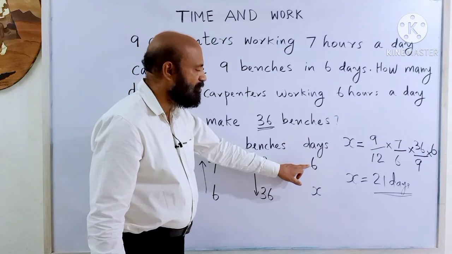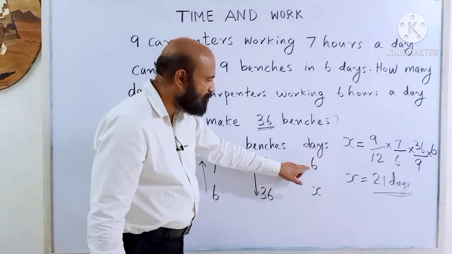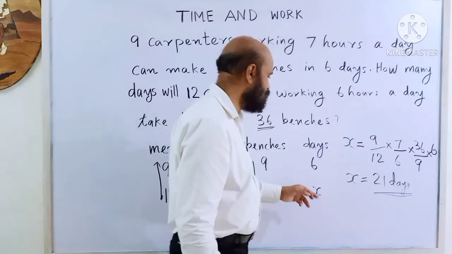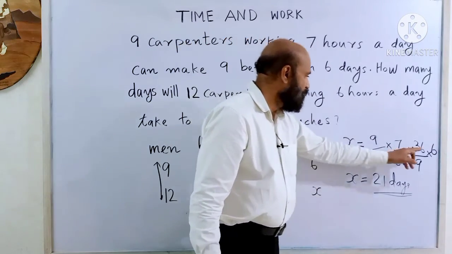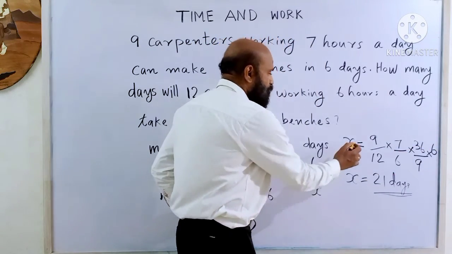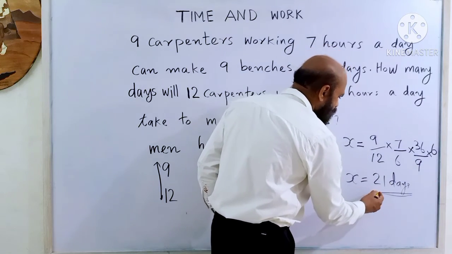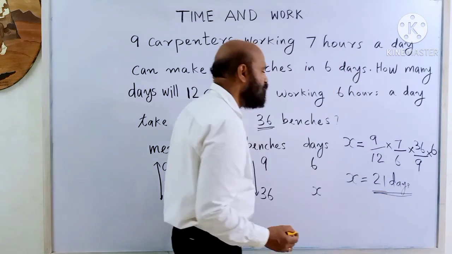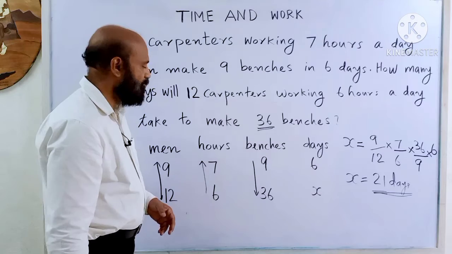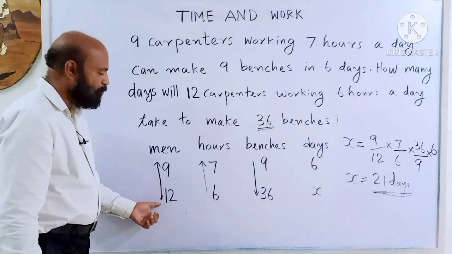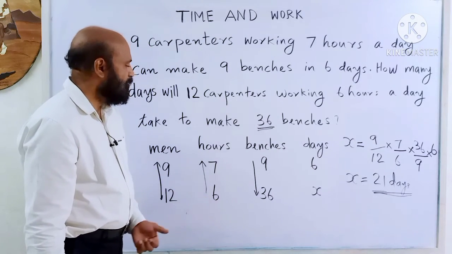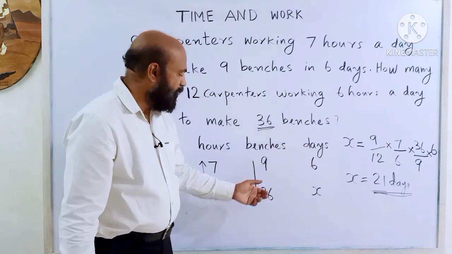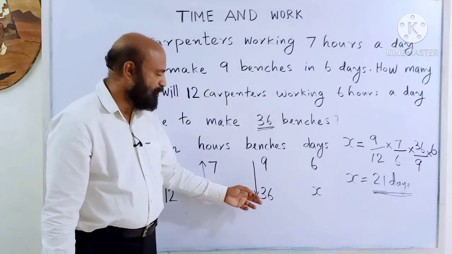Then last, 6 is to be written in the numerator. After simplification, you will get this answer. So 21 days are needed. If 12 carpenters are working 6 hours a day, in 21 days they can make 36 benches.